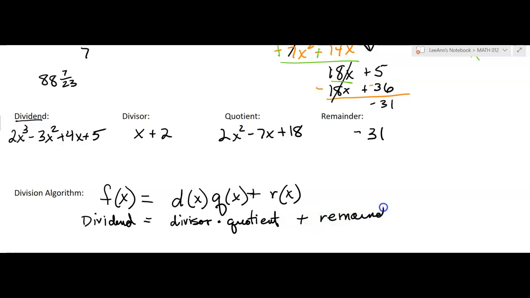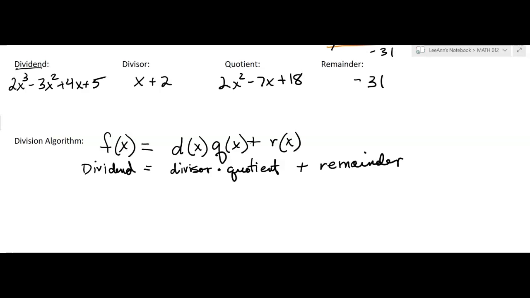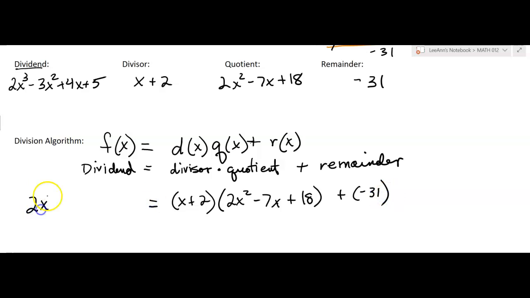So if you want to check to see if we did this right, you would take the divisor, x plus 2, and multiply it by the quotient, 2x squared minus 7x plus 18, and you'd add the remainder, and that would have to equal the original dividend.